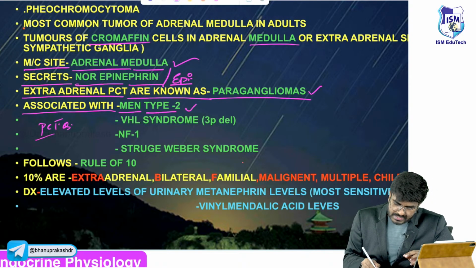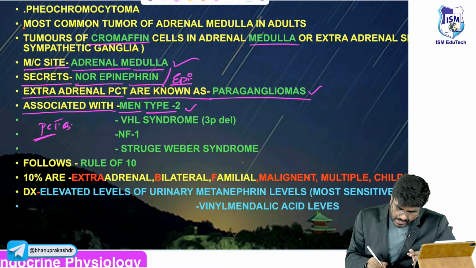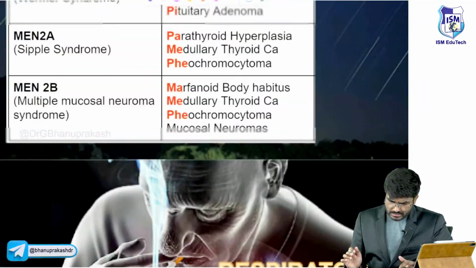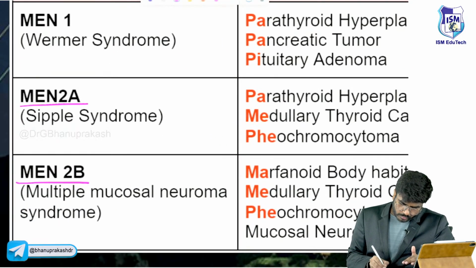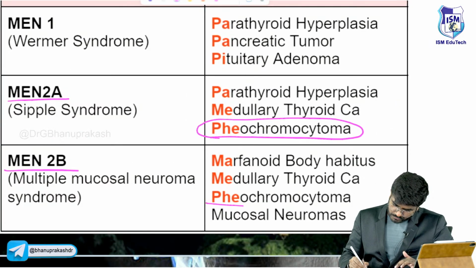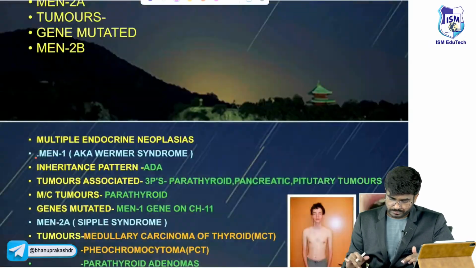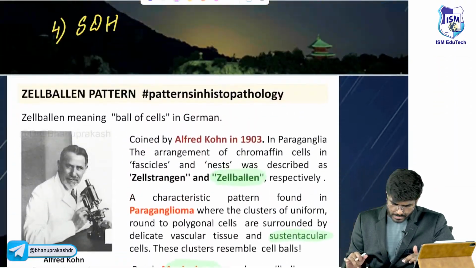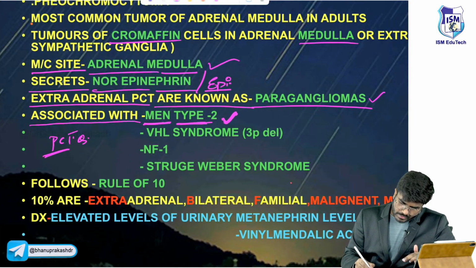MEN syndrome. At the end of this class, I will explain the MEN syndromes. Pheochromocytomas are seen in MEN type 2. Just wait, I will show you now itself if you want. Look here, in MEN type 2, MEN 2A and 2B, you are seeing pheochromocytoma.